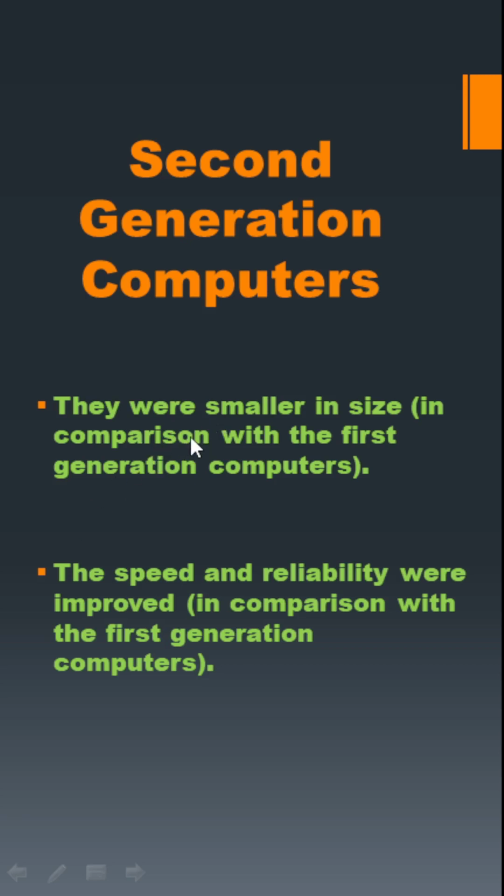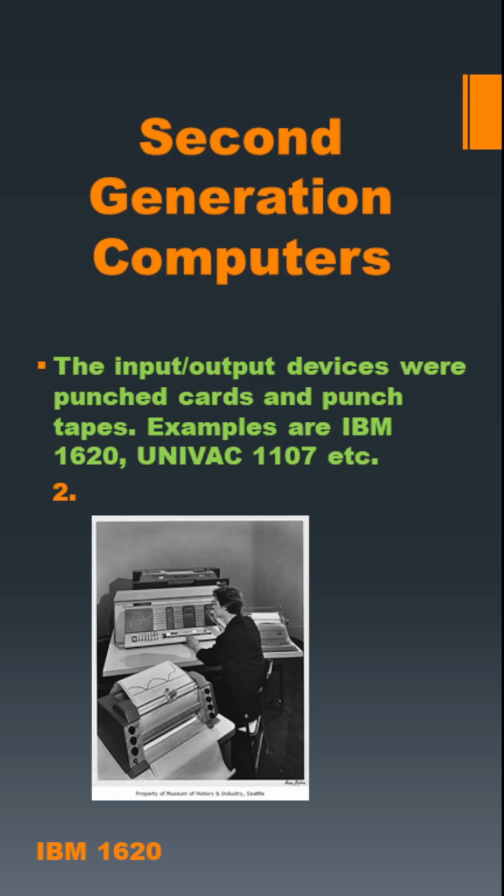The speed and reliability were improved. The input output devices were also punch cards and punch tapes. A notable example is this IBM 1620. So that's all for the second generation computer.